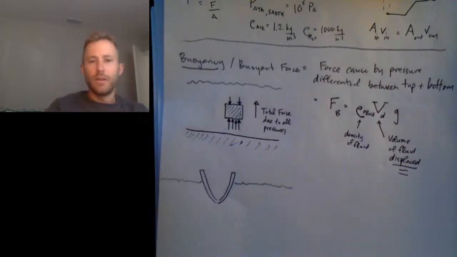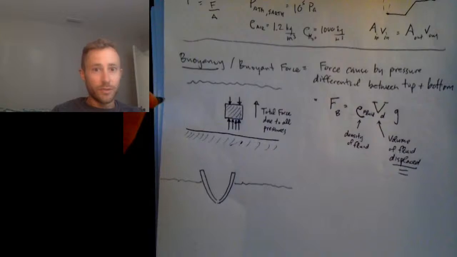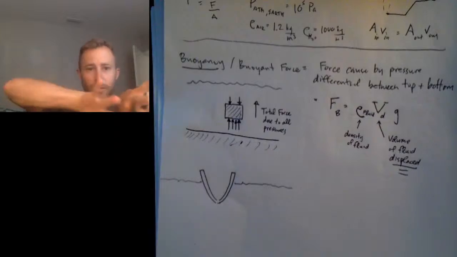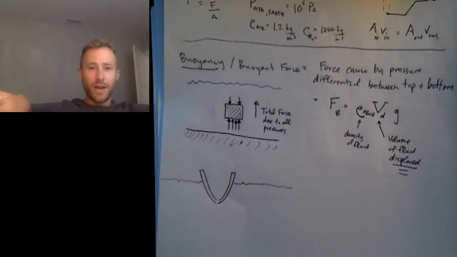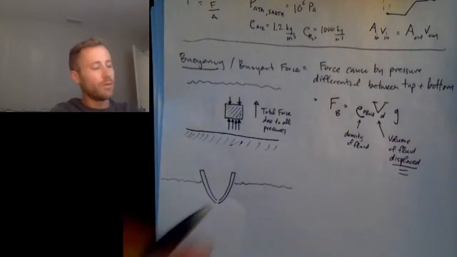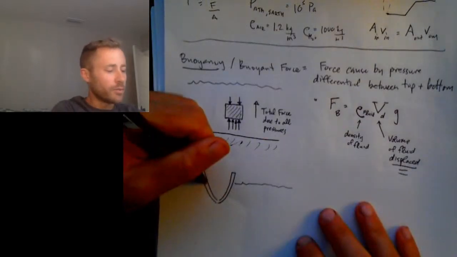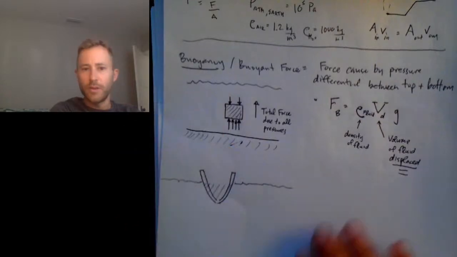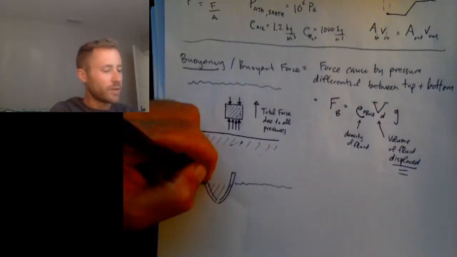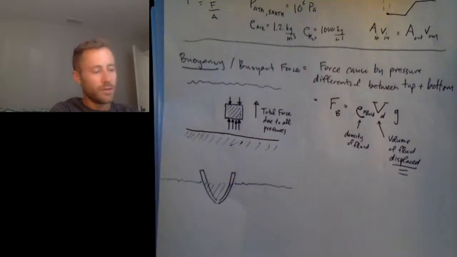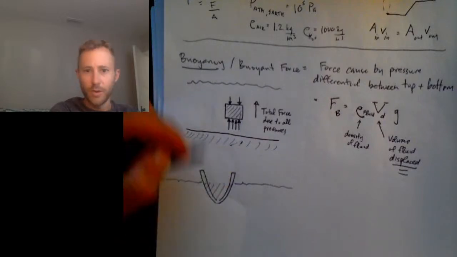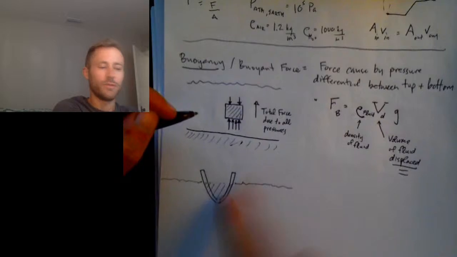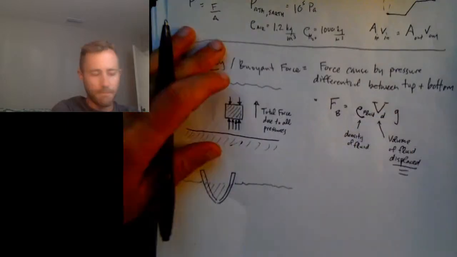In this case, the volume displaced is the volume of fluid that is moved out of the way by the hull of the boat. So the volume displaced is going to be this volume right there. So it's as if the water line continued, and that's going to be the volume displaced. So whatever that volume is, you would plug into there.